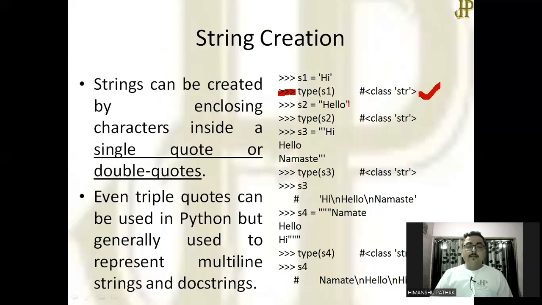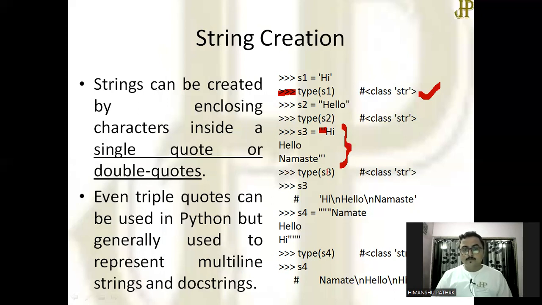And triple quotes can be used in Python, but in general they are used to represent multi-line strings and docstrings. So here in the third example, I have used 3 words, but all are in different lines. Clear? So for this, I have taken triple quotes, and that is possible in Python.